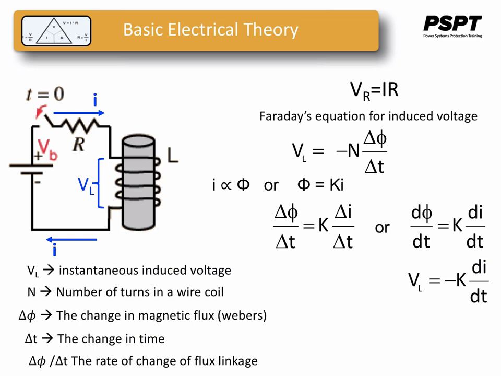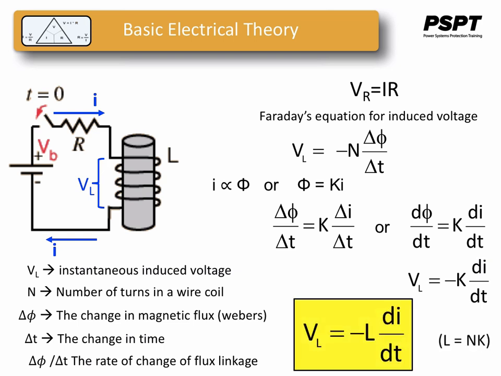We can replace the factors delta phi over delta t in Faraday's equation, and we are left with VL is equal to minus K, which, by the way, is incorporating the turns of the coil. VL is equal to L DI by DT.